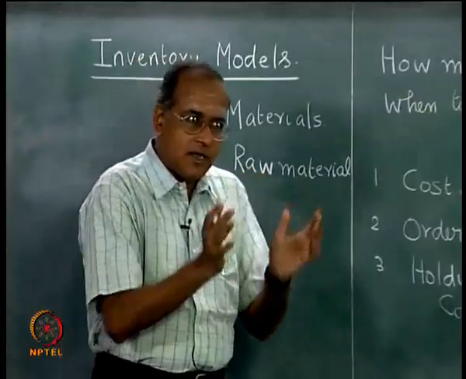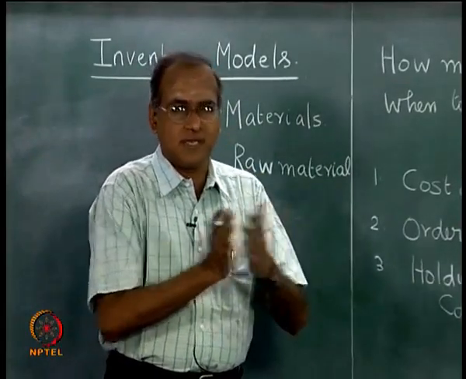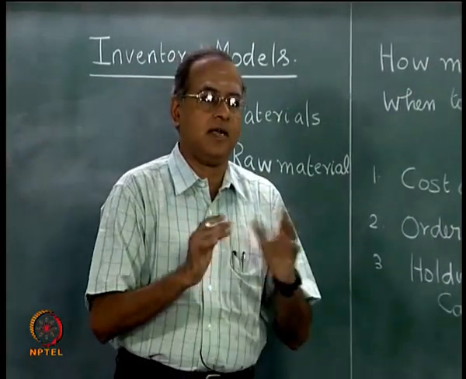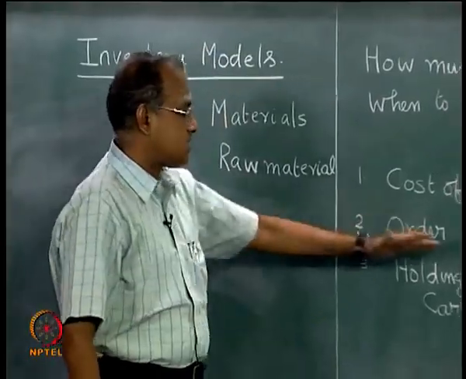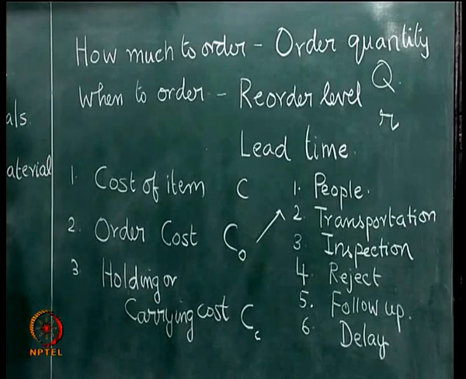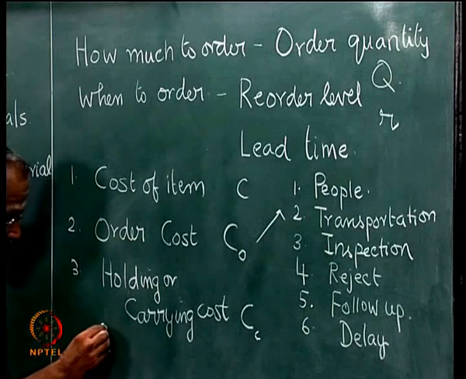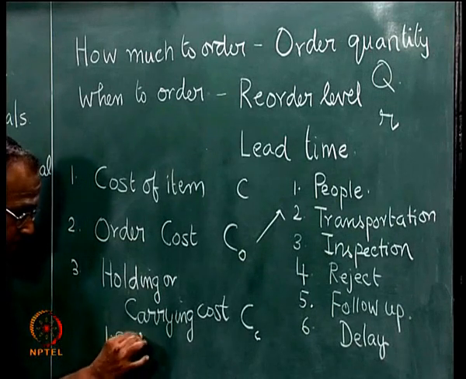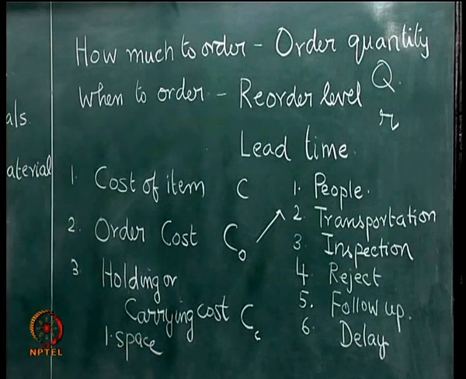So, when this quantity Q comes, it has to be saved, stored and held in control, and there is a cost associated with that. That cost is our inventory holding cost or inventory carrying cost. The first cost that we can think of is the cost of space to keep these items.